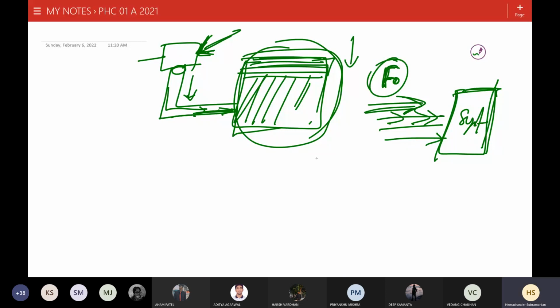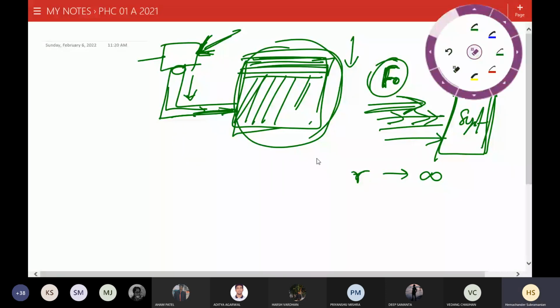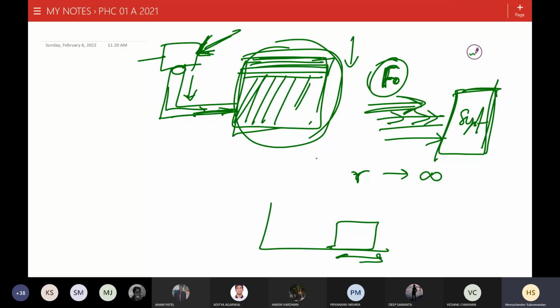If the system doesn't want to accept, then you're not supplying any power. Let's go for the ridiculously high limit of R. R tends to infinity. You have an electron that is doing a simple harmonic oscillation. Let's not talk about an electron, let's talk about a block, and let's say the friction is extremely high.